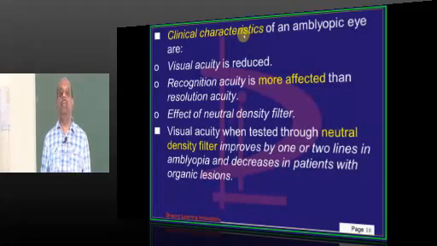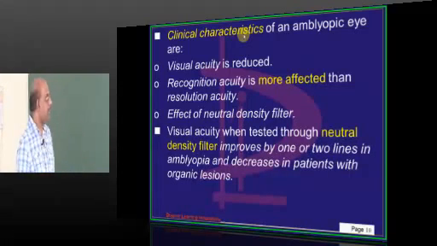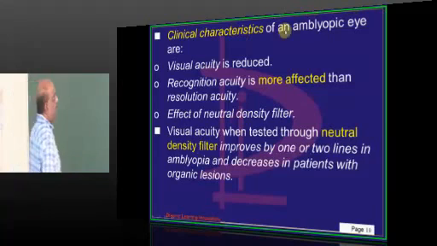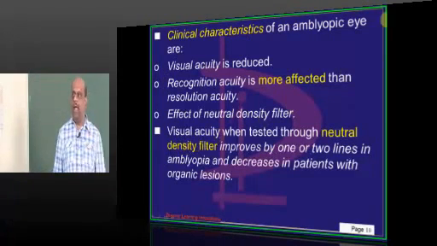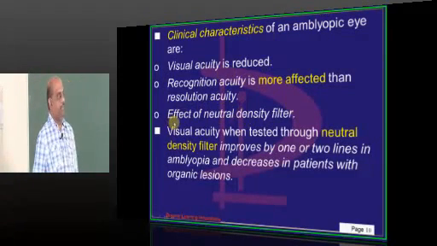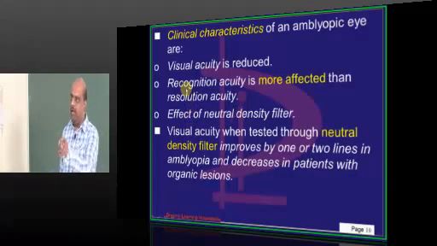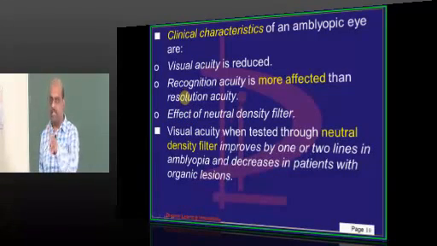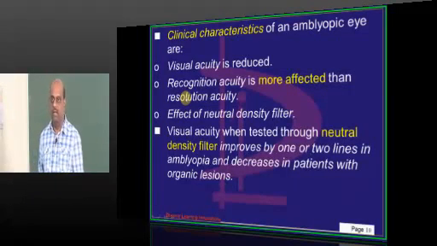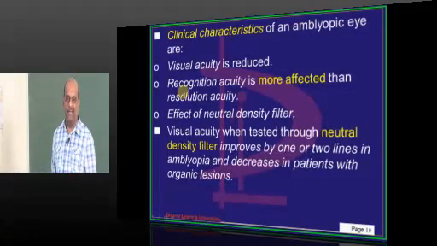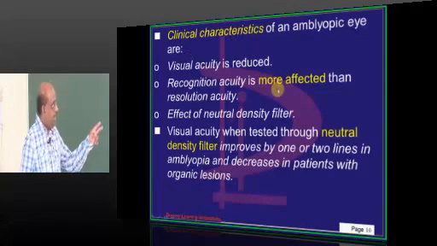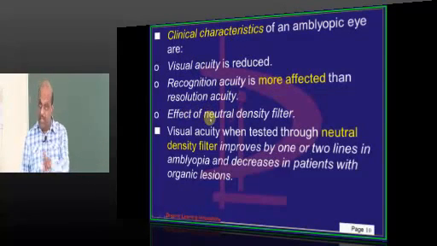That is the whole problem in amblyopias. So in the amblyopic eye, the visual acuity is reduced. In visual acuity, we have two types: recognition acuity and resolution acuity, as the names imply. Recognition acuity is more affected than resolution acuity.